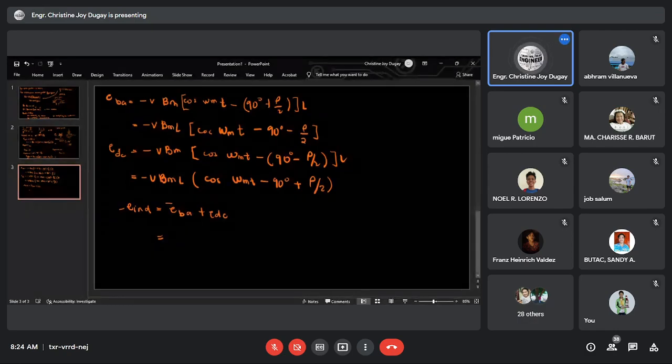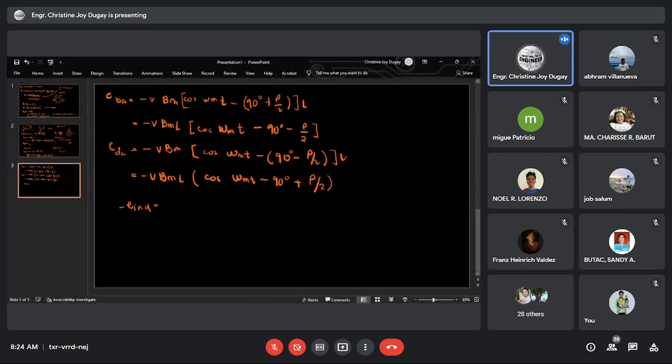This is supposedly negative EBA less EDC, because if you remove the negative, they are just equal.